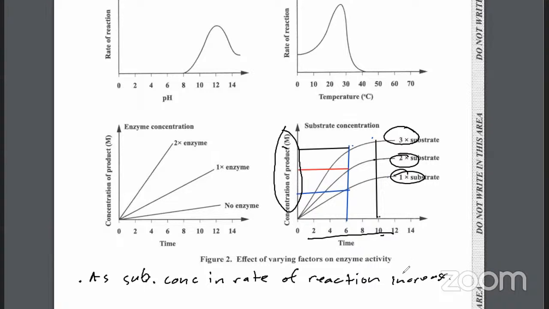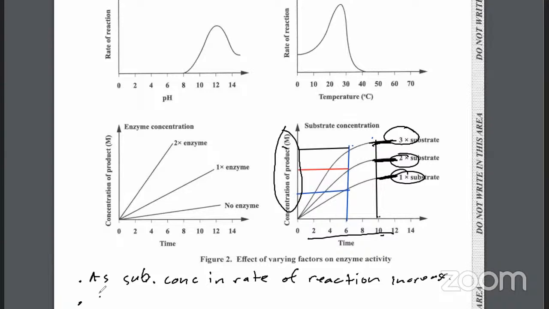But this statement will always be true. As substrate concentration increases, rate increases. Of course, it increases to a point, then it gets constant. All of them get constant. And at that point, all enzymes are saturated.